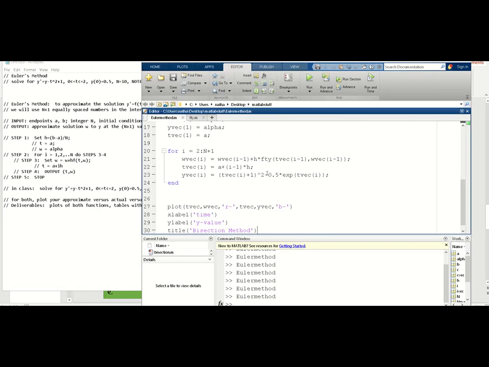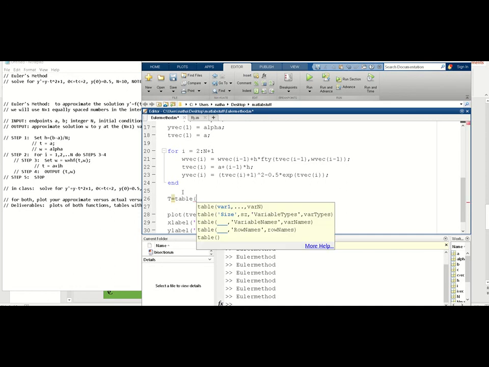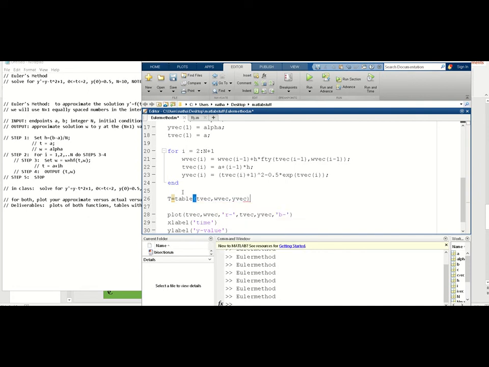And then let's make it so we can output a table as well. Table of tvec, wvec, and yvec.